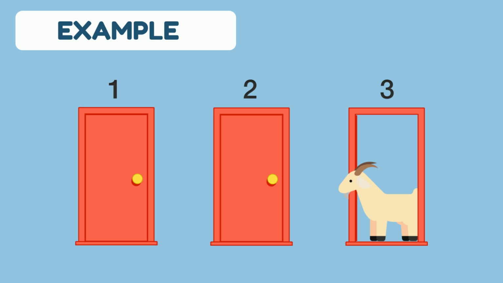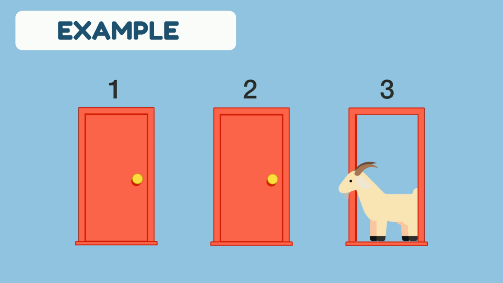Illustrating it, you can see in the diagram that, for example, if you choose door number 1, then Monty Hall chooses door number 3 and opens it and shows that there's a goat behind it. Now, the question before you is, would you switch to door number 2 or would you stick to door number 1 to maximize your chances of winning a car?